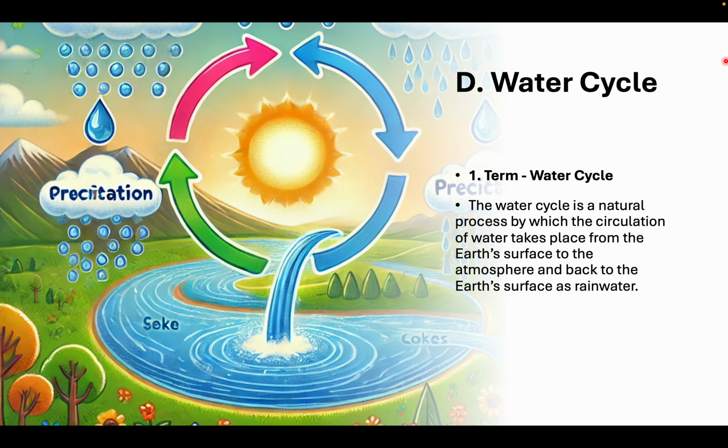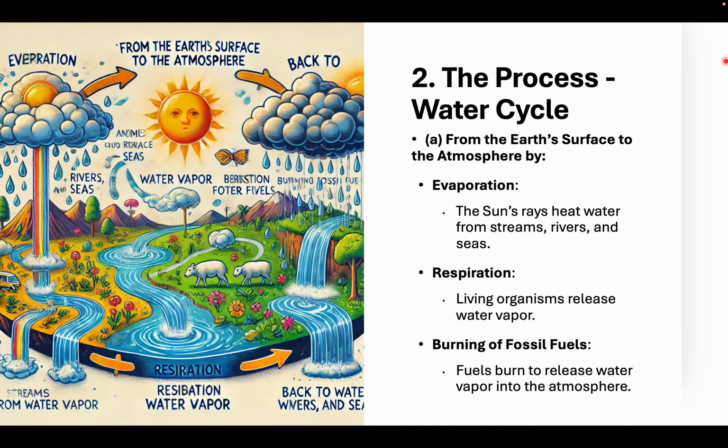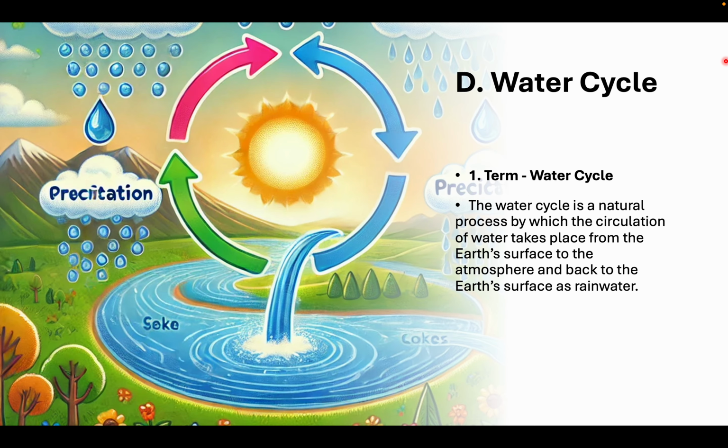What about the water cycle? There are two parts to it. Now, what the water cycle does is ensure continuous movement of water in nature. How do you define the water cycle?